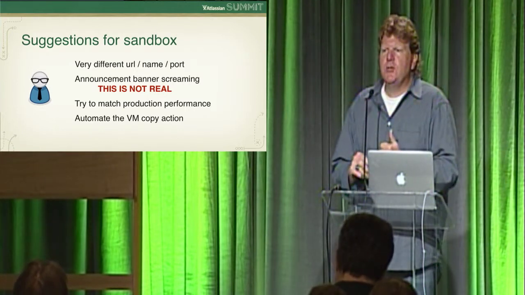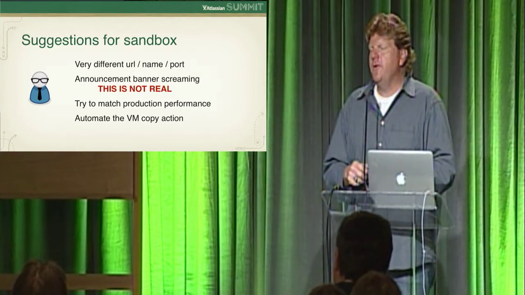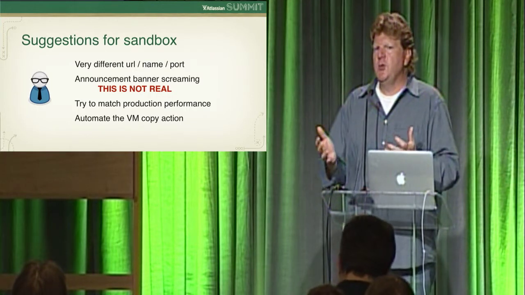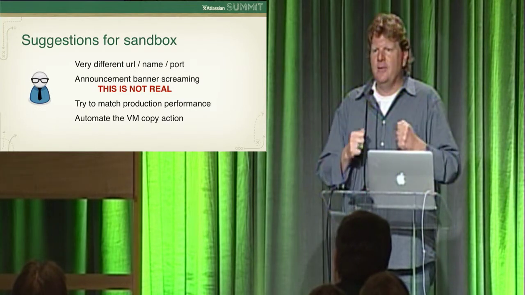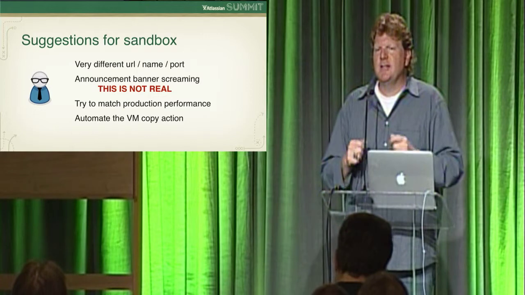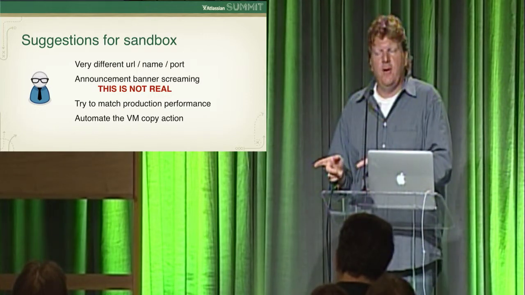Also, try to match your production performance, whether it's better or worse. So if you're on a VM and your host, you could go one of two ways. Maybe your production host is built out, you're good stewards with the resources that host has, and so it performs very, very well. You take your copy and you put it on a different host.